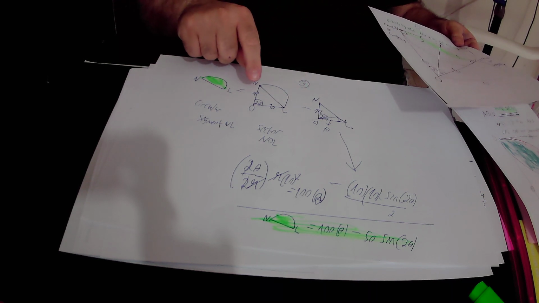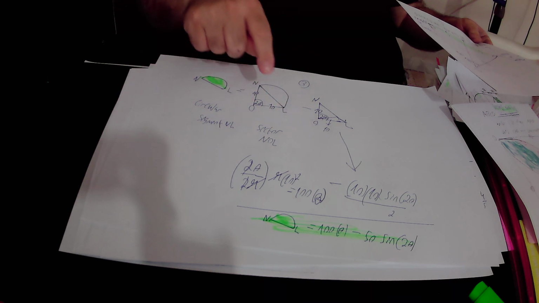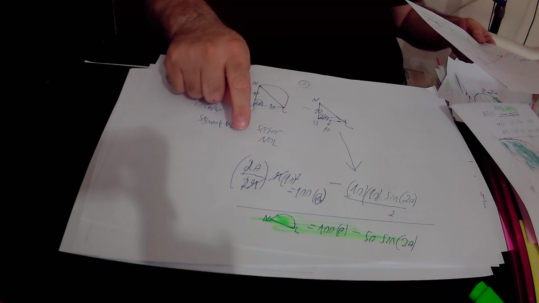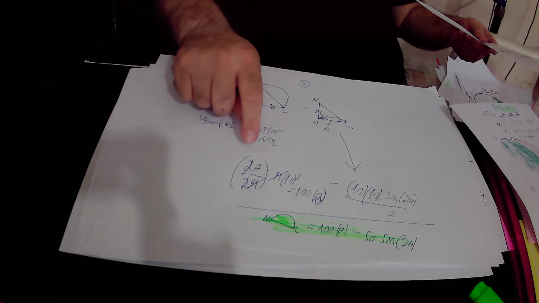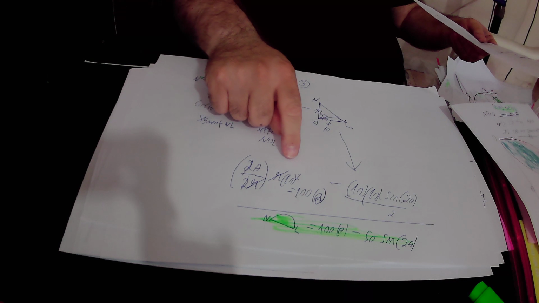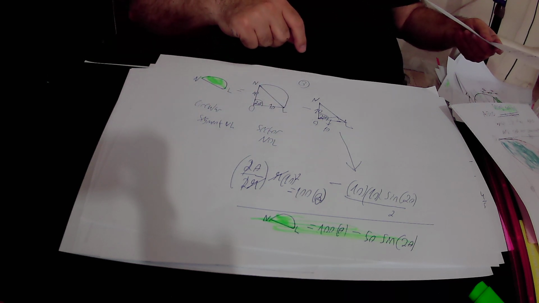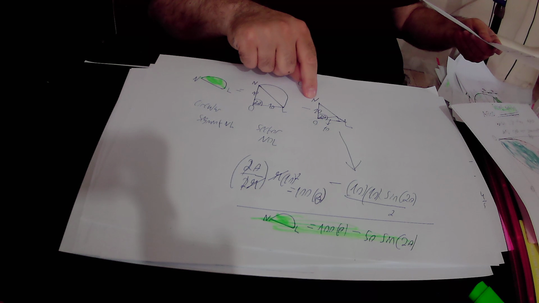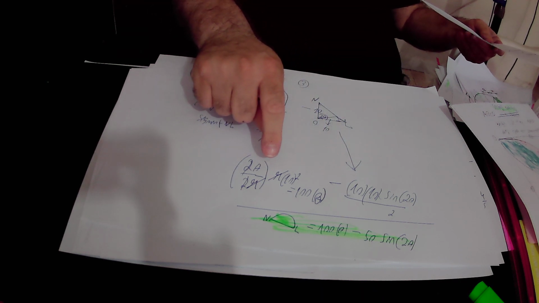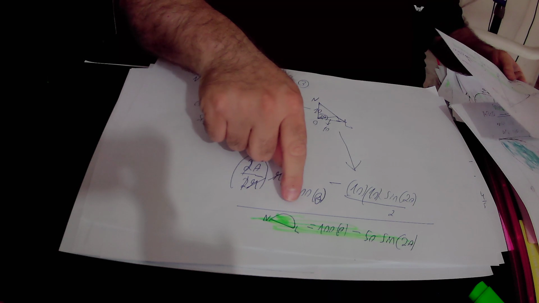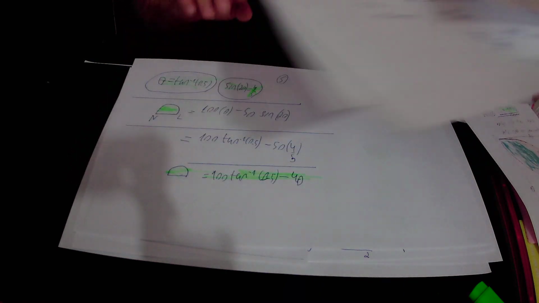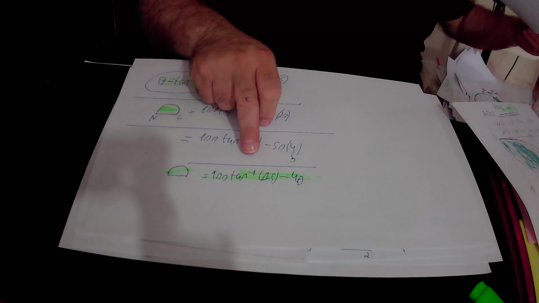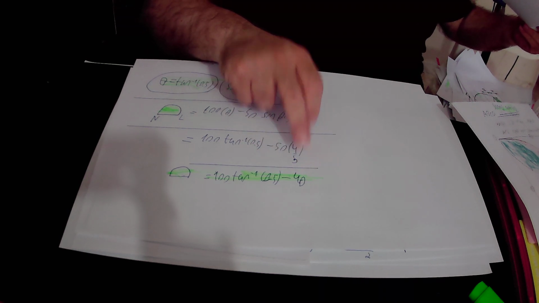The area of sector NOL equals 2 theta over 2 pi times pi times 10 squared, and the area of triangle NOL equals this expression. So in conclusion, the area of the upper circular segment equals 100 times sin inverse of 0.5 minus 40.